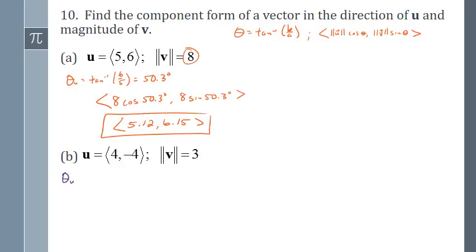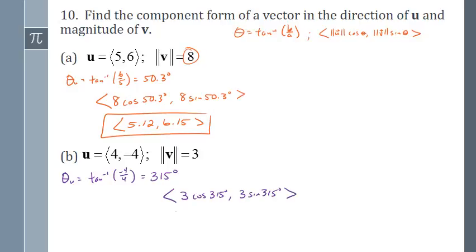I need to find the direction of u, so it's the inverse tangent of negative 4 over 4. That is the inverse tangent of negative 1, which is on the unit circle, which is 315 degrees. And then my component form is 3 cosine 315 and 3 sine of 315.